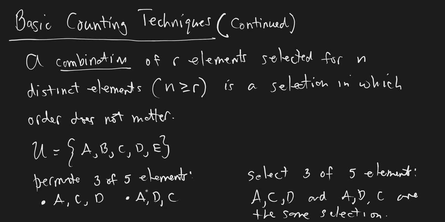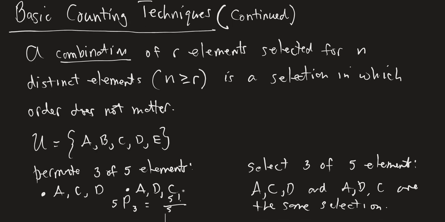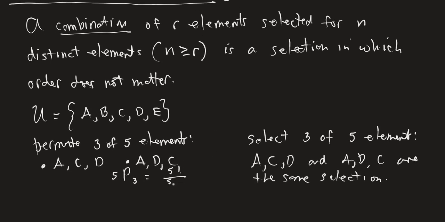Now remember, for permutations, if I wanted to figure out how many of these 3-element permutations I can form out of these 5 distinct elements, it would be 5P3. That's the notation. The actual formula is 5 factorial over 5 minus 3 factorial.